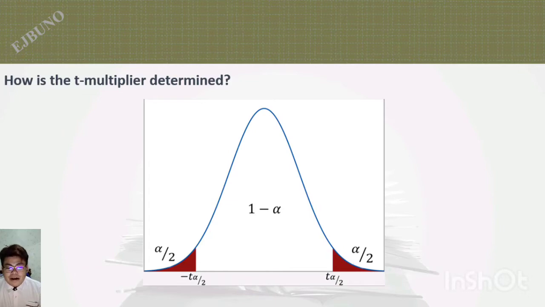If we add up the probabilities of the various parts, alpha over 2 plus 1 minus alpha plus alpha over 2, we get 1. So the t multiplier, denoted as t sub alpha over 2, is the t value such that the probability to the right of it is alpha over 2.